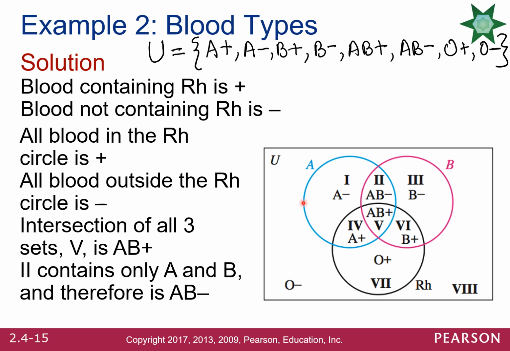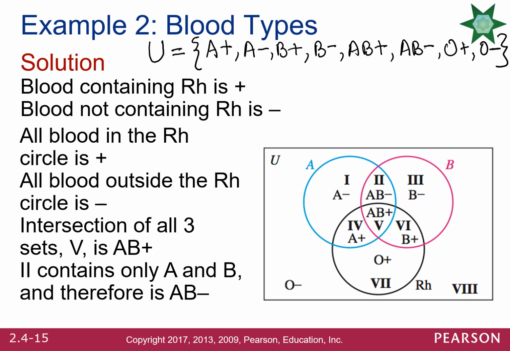So let's see what they have done here. Blood containing the Rh is denoted with the positive sign. Blood without the Rh is negative, so A minus, B minus, these without the Rh would take the negative sign. All blood in the Rh circle is positive. So this is the Rh circle.